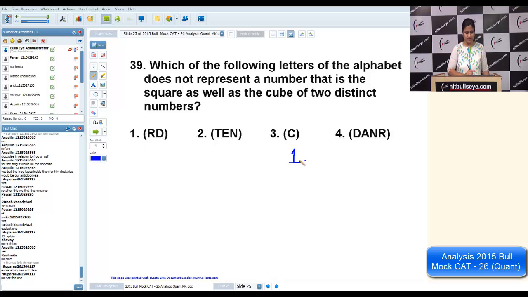It was 1. By using question number 40, we can say this. I'm not going to solve that complete thing. So C will be 1. Now 1 square is 1. 1 cube is 1. It means this is a number which is a perfect square as well as a perfect cube of the same number. Is it okay? Clear?